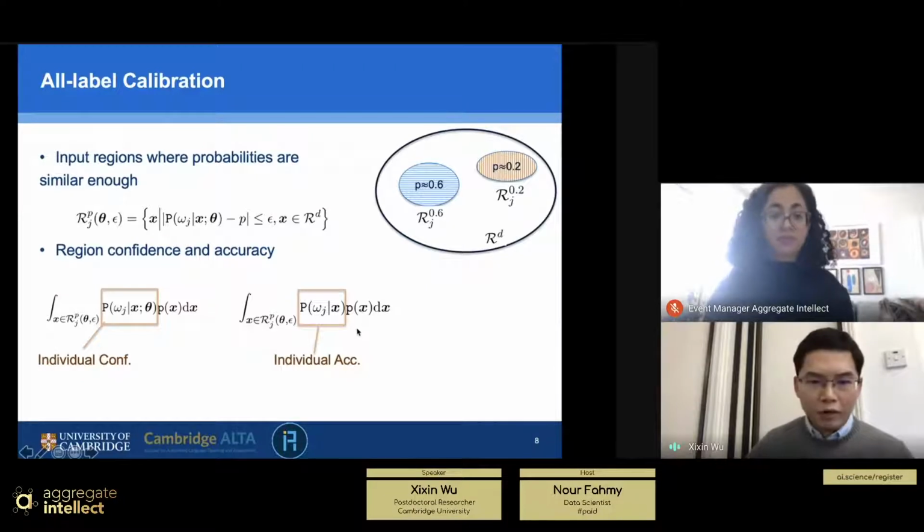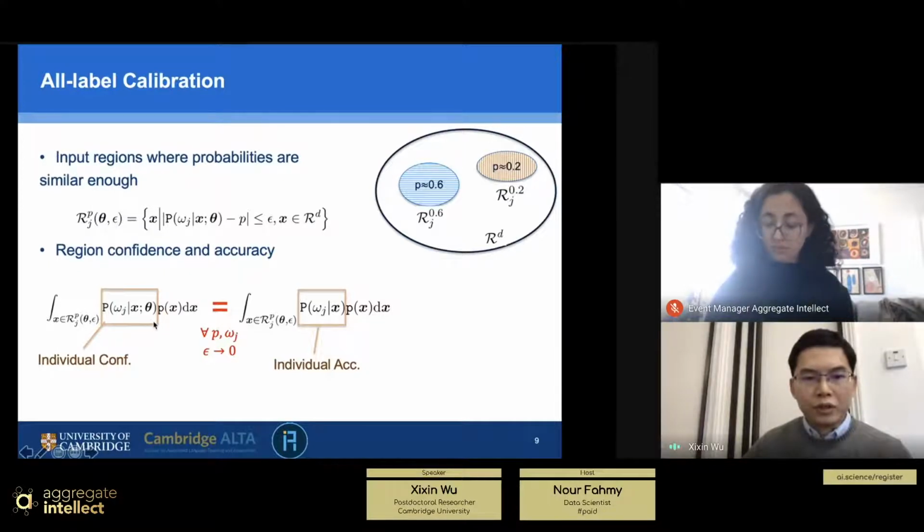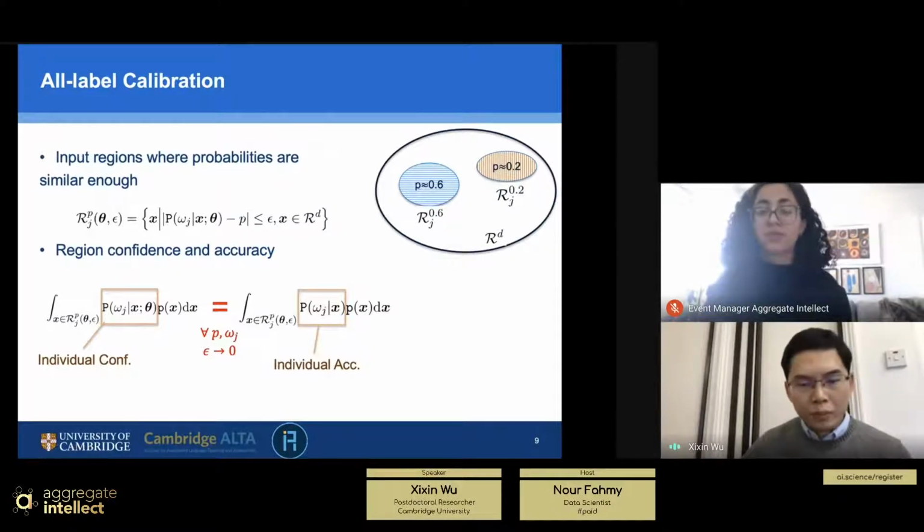So for calibration, we would like the region accuracy and region confidence to be equal to each other for all probabilities P and all classes omega_j. And we also hope that epsilon can be as close to 0 as possible, because ideally when it is 0, all of the predictions associated with one probability have the associated accuracy.